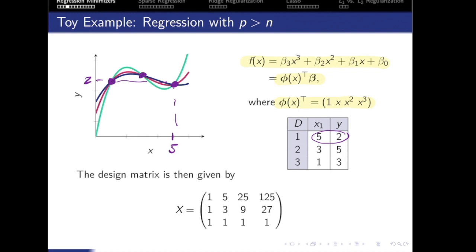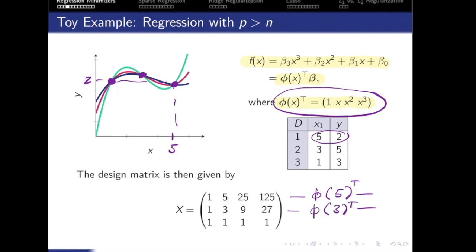The next step in regression was to define our design matrix. The design matrix had these vectors phi of x transposed as the rows. So for every point we apply our phi to our feature. Here the first feature is 5, and this row is phi of 5 transposed, and the last row is phi of 1 transposed.